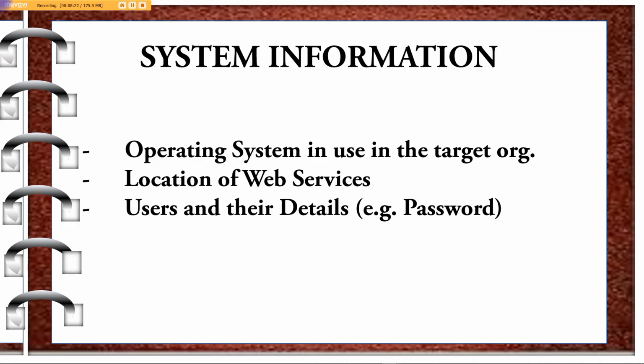Now, there is system information that you can get from footprinting. Number one, the operating system in use in the target organization. When an attacker gets to know the operating system an organization is using, it's a broad way to knowing the vulnerabilities that each of those operating systems has.